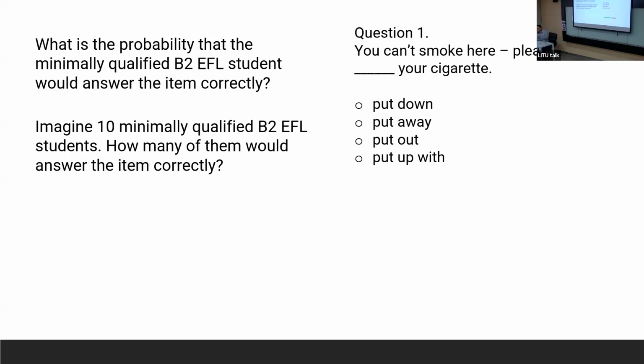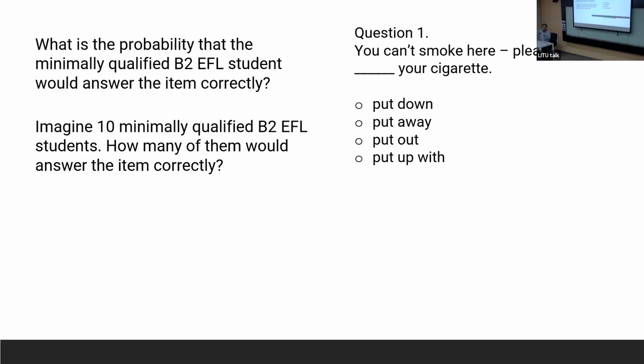Ajahn Pariwat, what's your probability for this item as marginally qualified B2? What's the percentage, the probability? 60.